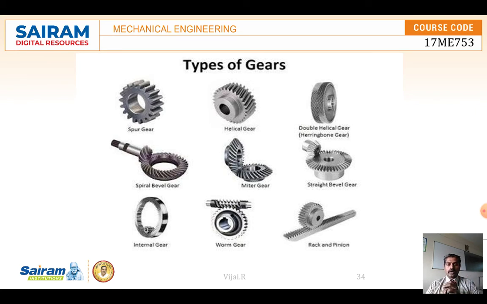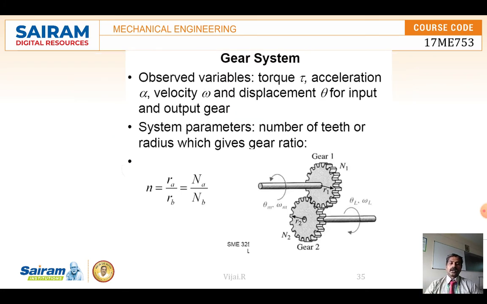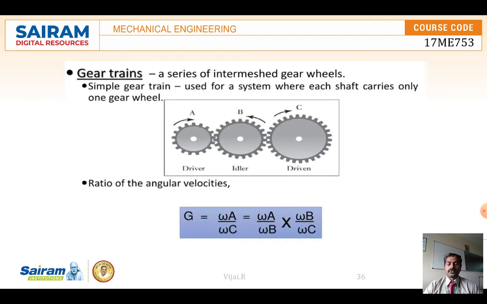So here there are straight bevel gears, spiral bevel gears and helical gears; according to the teeth we can decide the gear's function or force. And worm and worm gear we can see in a steering system. And the speeds of all these gears can be controlled with the design, that is, the size of the shafts and the size of the gears.